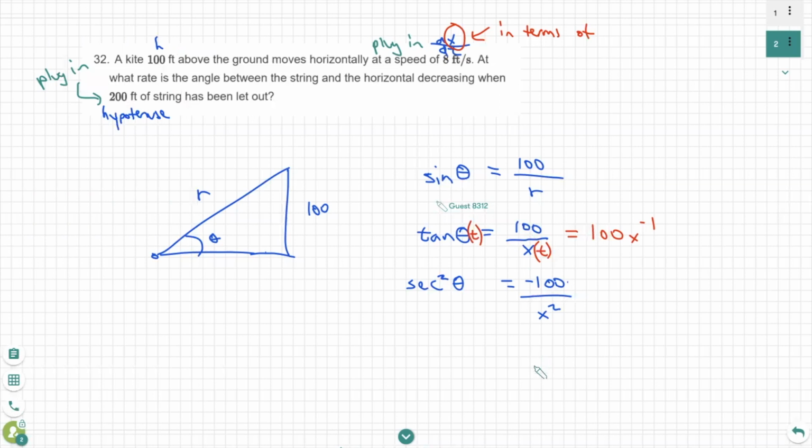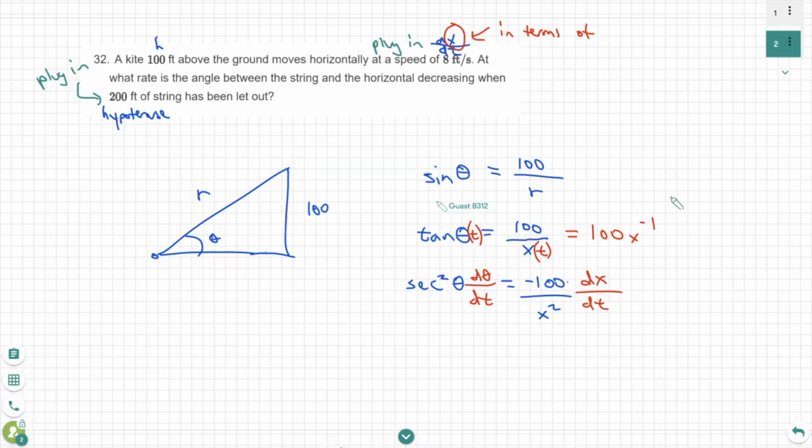So it'd be secant squared theta times d theta dt equals negative 100 over x squared times dx dt. Yeah, chain rule, right? Slash implicit differentiation, kind of. I could see the dx dt, but I didn't see the d theta dt. But that makes sense.